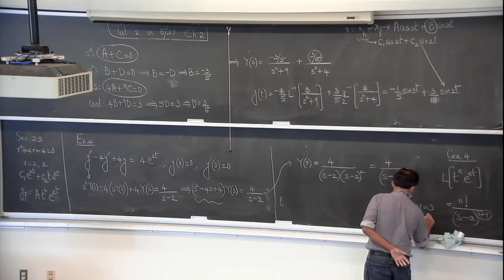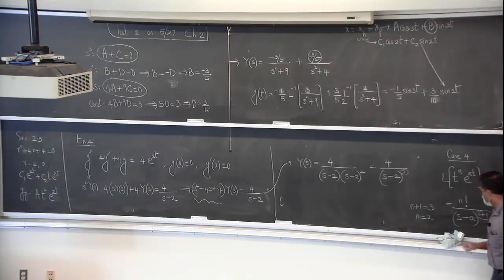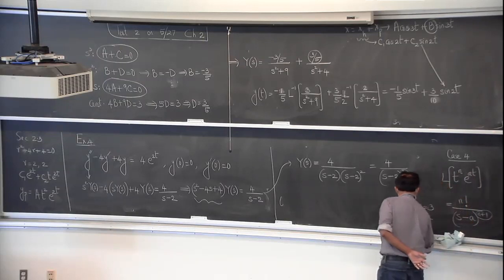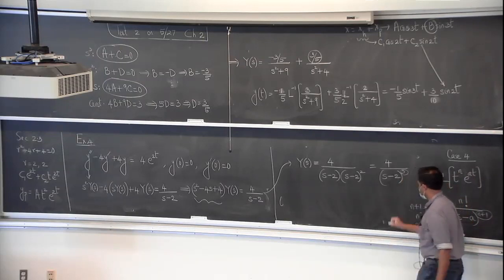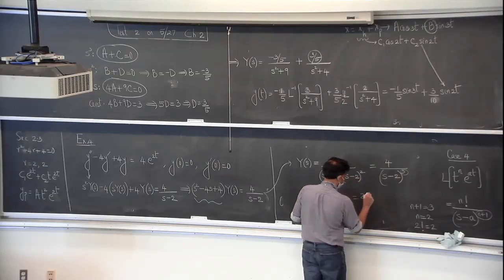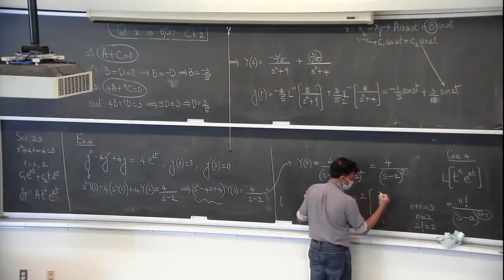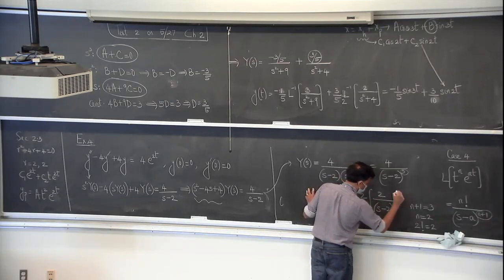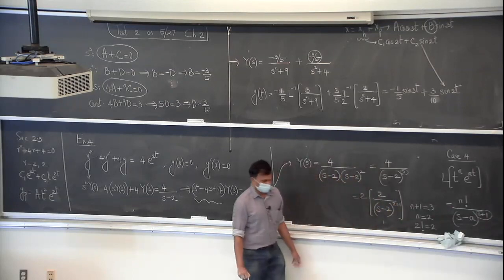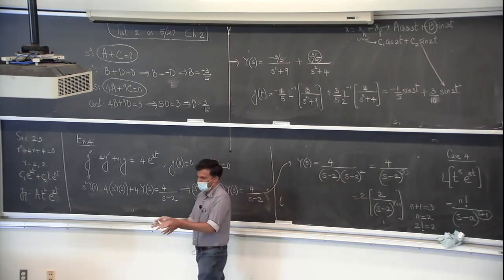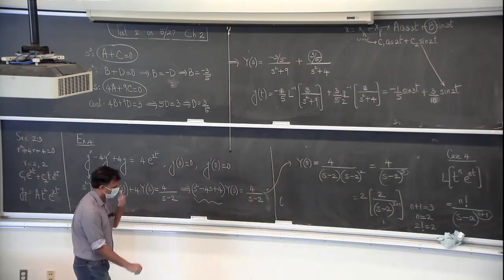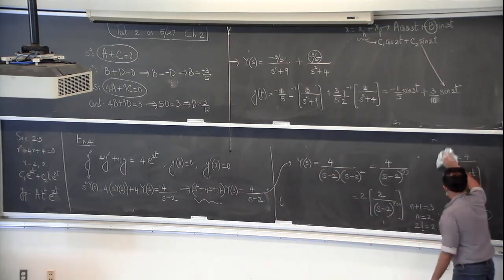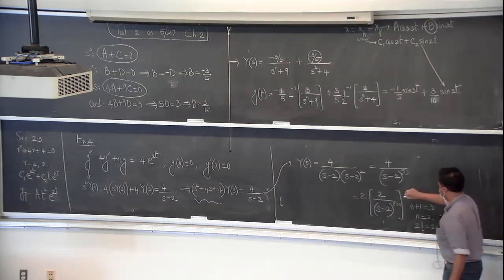So n is 2, and 2 factorial is 2. So this can be written as 2 times 2 factorial, which is 2 over s minus 2 to the power of 2 plus 1. Just to kind of lead you into the answer. And what is that equal to? What is the Laplace inverse of this?